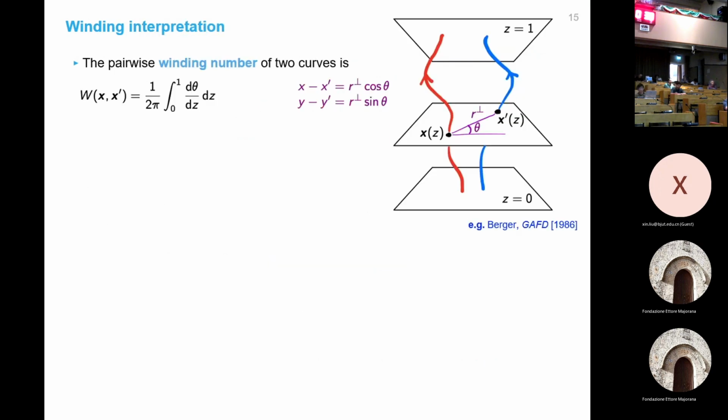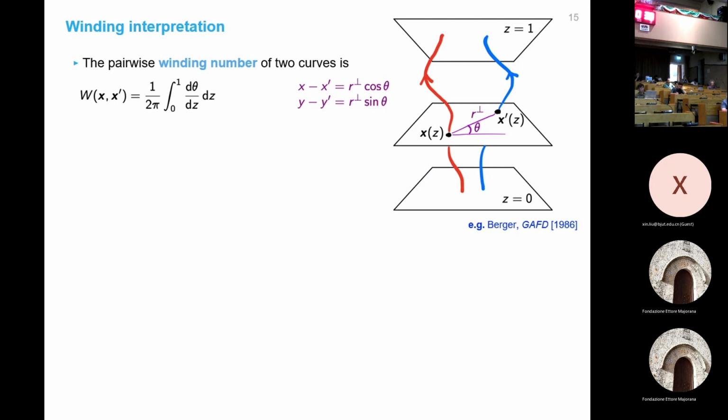So what's the winding number? The winding number is basically a topological invariant. If you have two curves that have fixed endpoints, the blue and the red curve here, and you look at the angle between them in a horizontal plane, that's this theta. It's the angle between them with respect to some fixed direction, the x-axis or whatever.